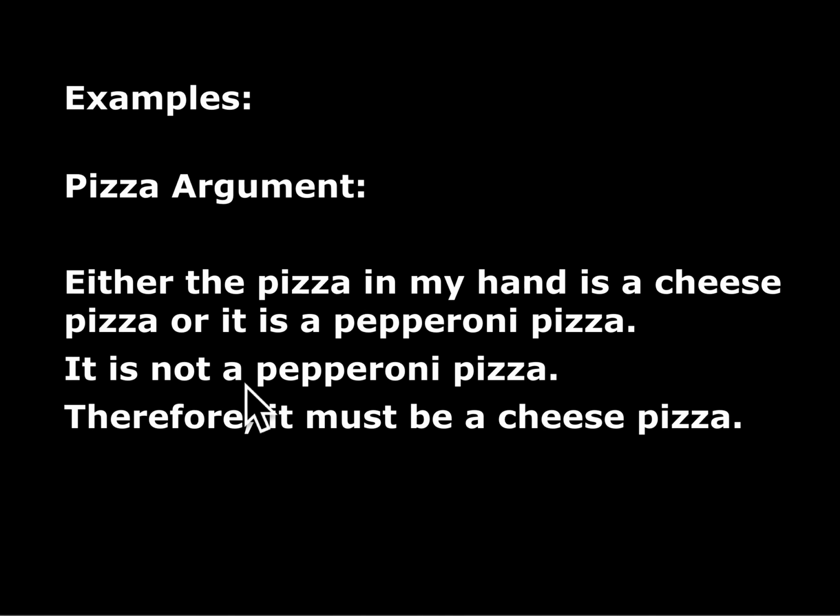And she also knew that it wasn't pepperoni. So those were the 2 pieces of information she started with. And from those, she knew there was a third thing that followed. Namely, that the pizza that was in her hand had to be a cheese pizza, the one in the box. And she knew that not because she looked in the box again, but because she knew it followed from pieces of information she already had.